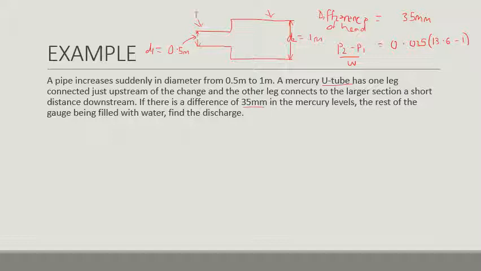So if we have P1 here and we have P2 here, the difference in pressure over the specific weight will be given as this, and our answer will be 0.442 meter of water.